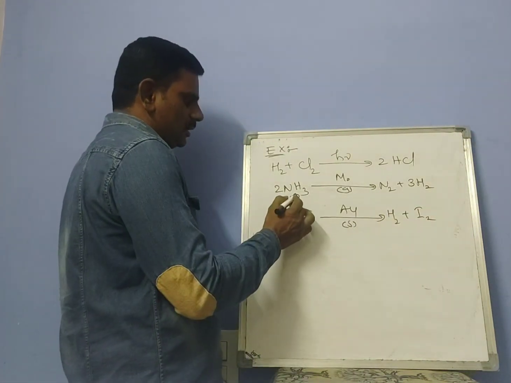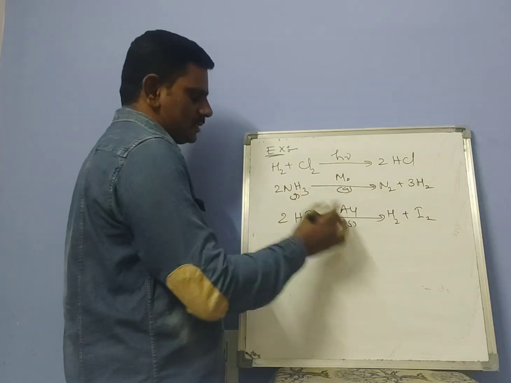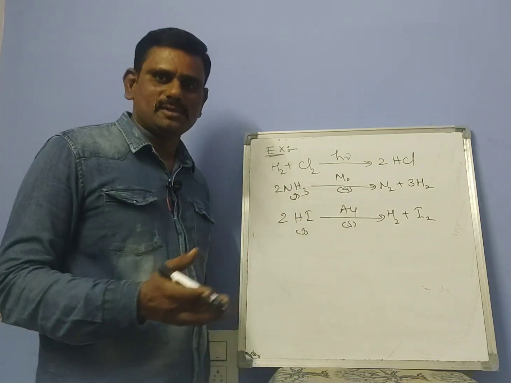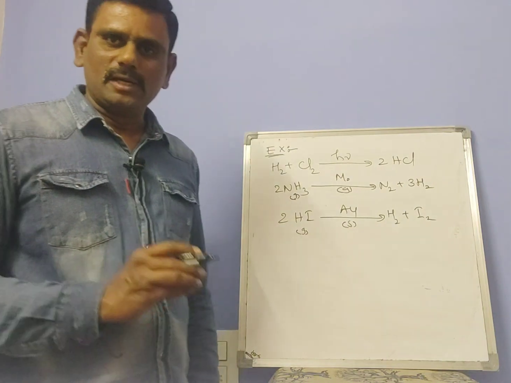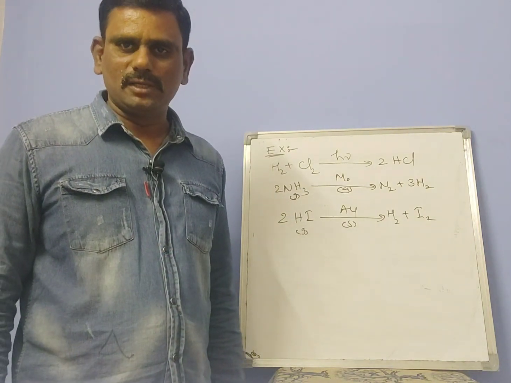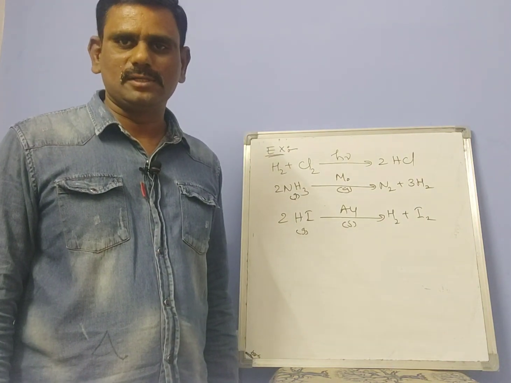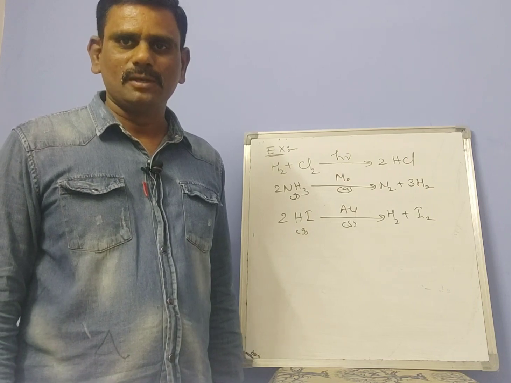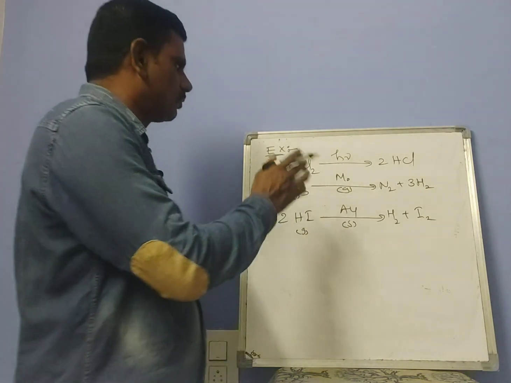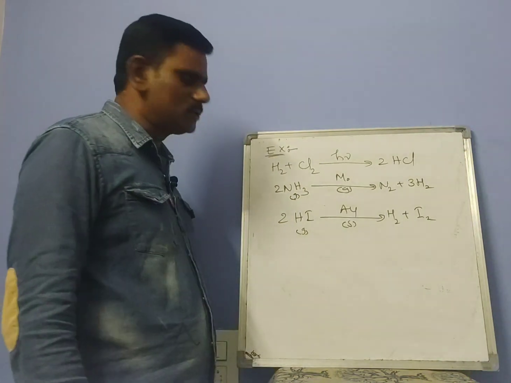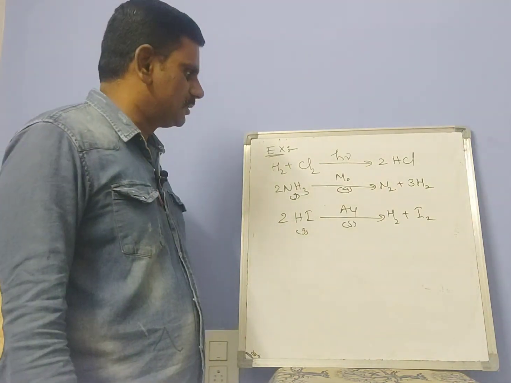See here, reactant and catalyst are in different phases. When reactants and catalysts are in different phases, those reactions are said to be heterogeneous reactions. Here, heterogeneous reactions and photochemical reactions of such type belong to zero order reaction.